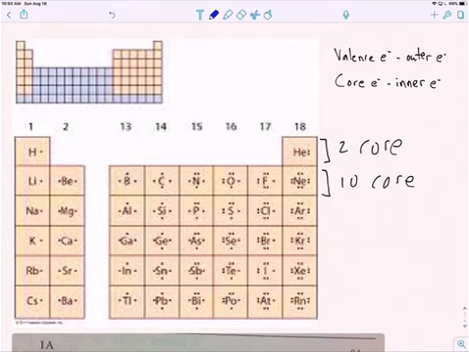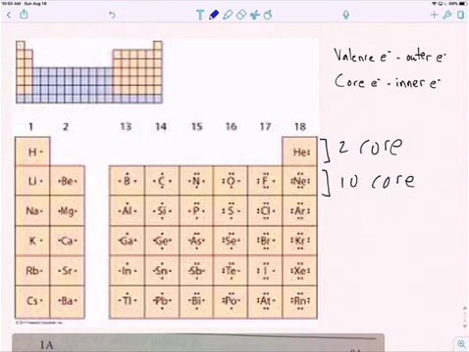So valence electrons are like clothing that you wear on the outside, and the core electrons are like underwear, clothing on the inside that you, in theory, should not be able to see and that doesn't interact with the outside world. Just like that, you keep on building up, and more and more electrons are added on.